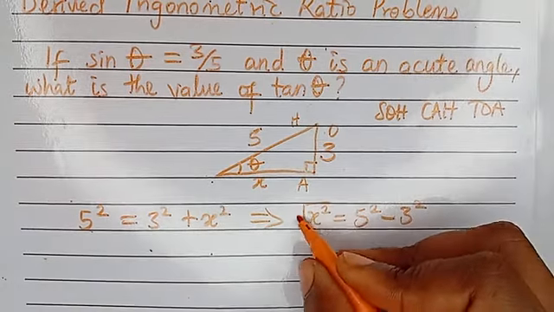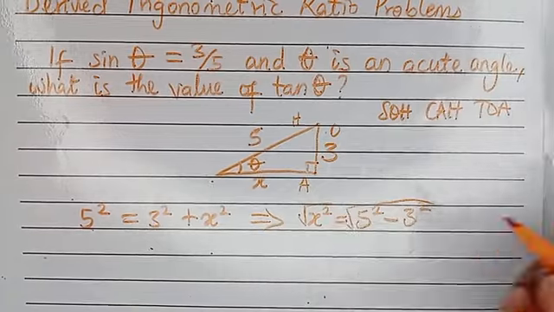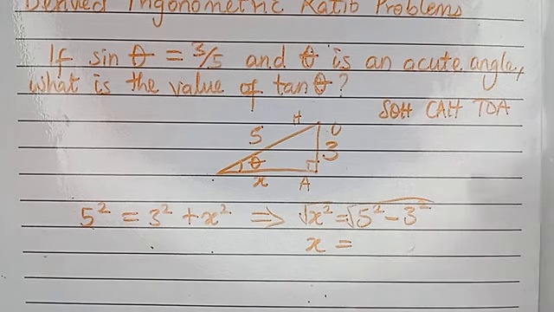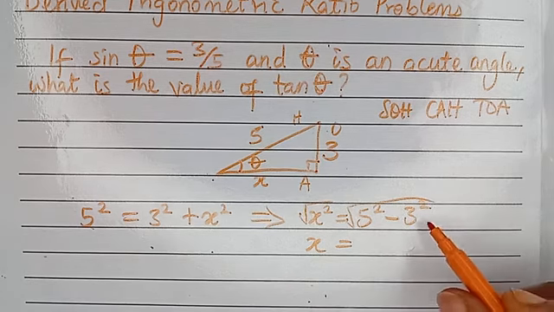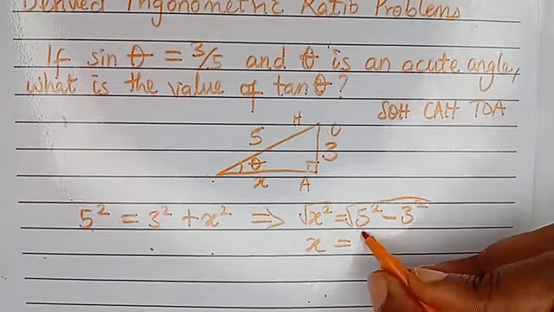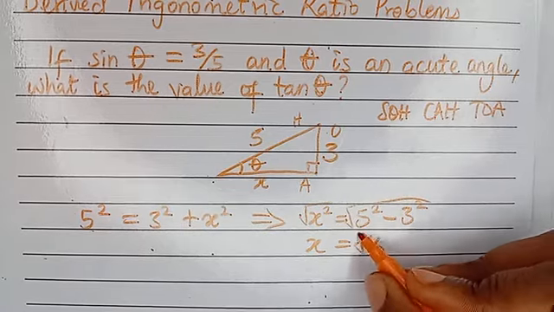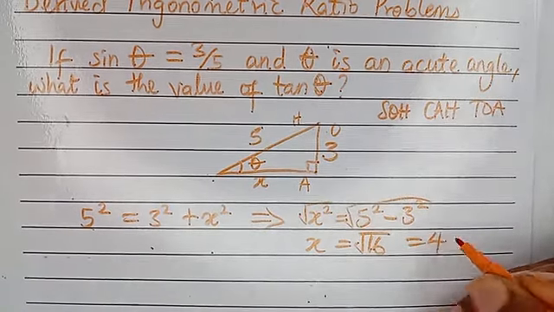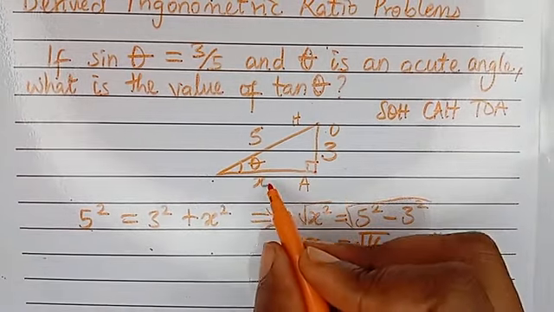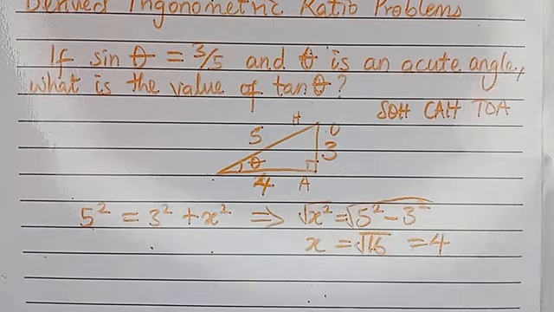Now we have to get the square root of both sides, so that x is equal to the square root of 5 squared, that is 25, minus 3 squared, that is 9. 25 minus 9 is 16. So the square root of 16 is equal to 4. So this adjacent side we called x is actually equal to 4.